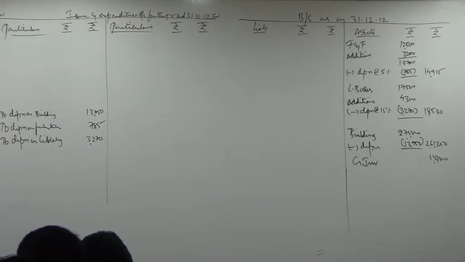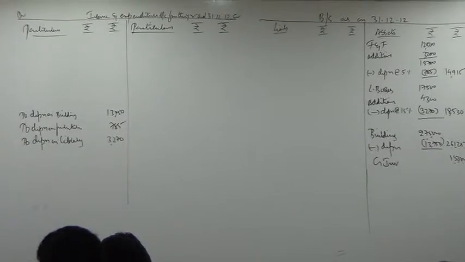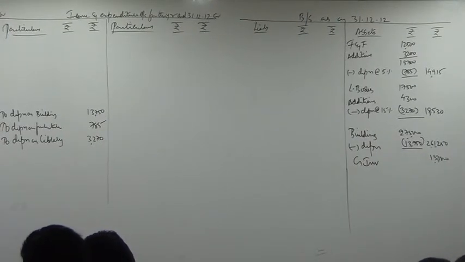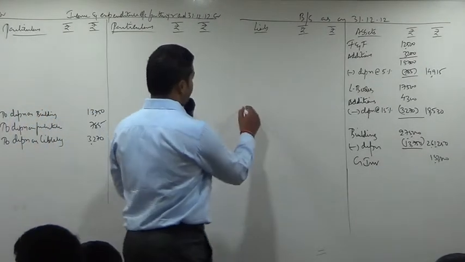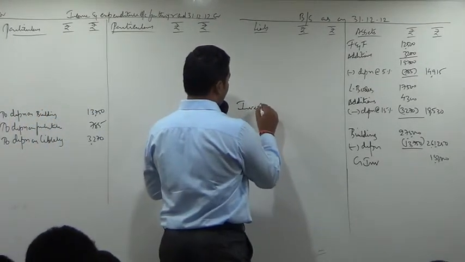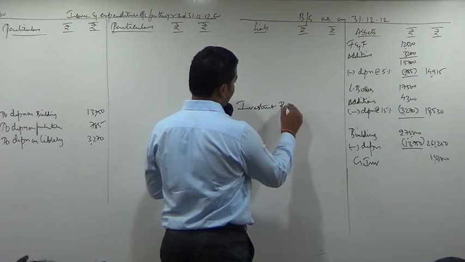We'll show it separately. Next, investment reserve fund 15,000. We'll show it on the balance sheet liability side. Investment reserve fund.